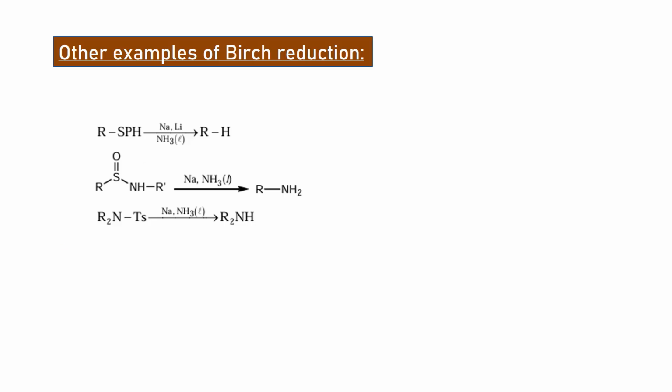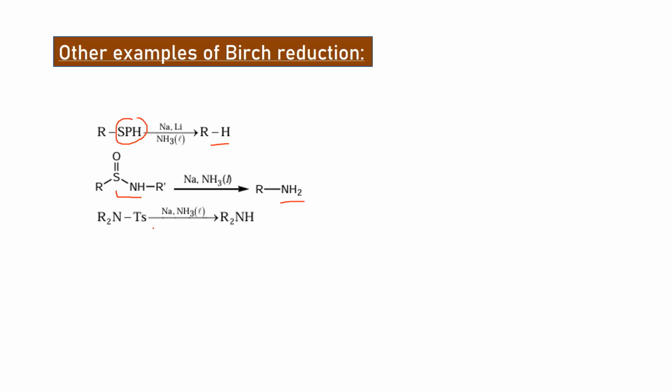If you take this type of thio compound and add Birch reduction reagent, what will happen? This will be eliminated and hydride will enter the alkyl group. After that, if you take this type of thioamide, this thio group will be reduced and we will get this amine.